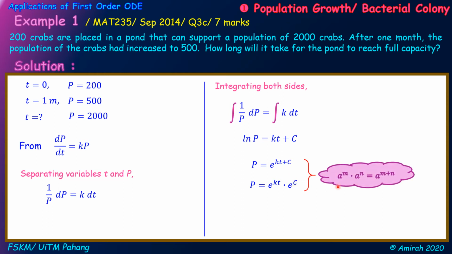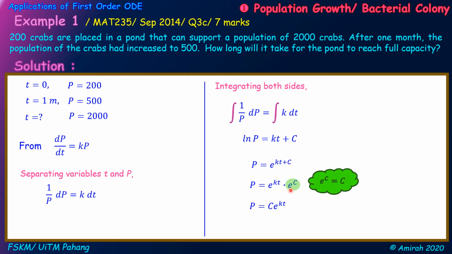We use the properties of indices. And then we can write P equals C e^kt. e to the power of c is a constant because e equals 2.718 something, which is constant.